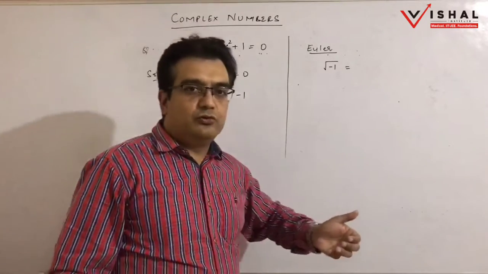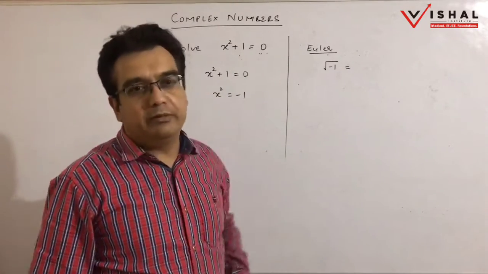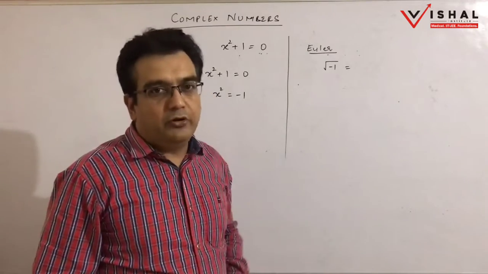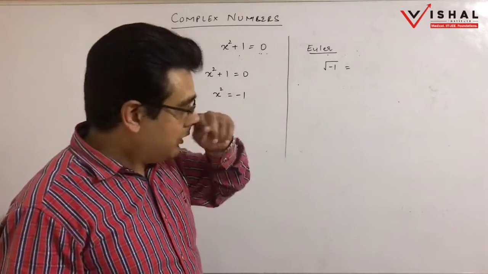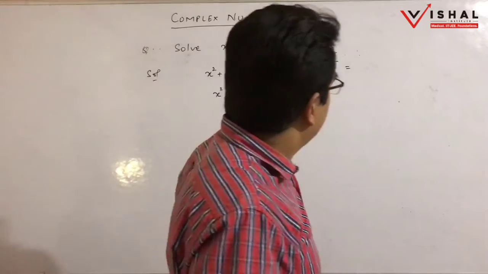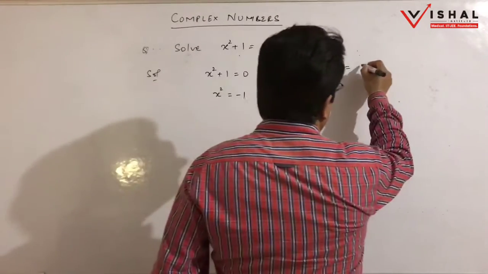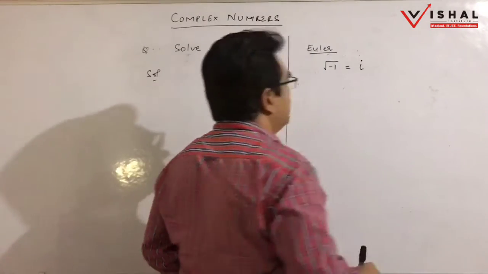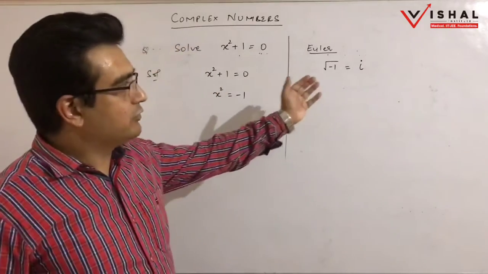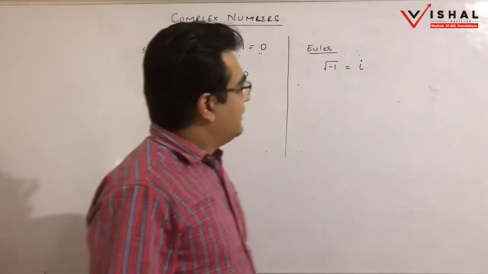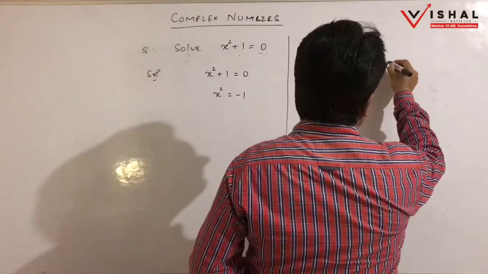Imaginary numbers are those numbers which are non-measurable. They cannot be plotted on a number line. So under root of -1, he named it i. Under root of -1 is equal to i. i means iota.